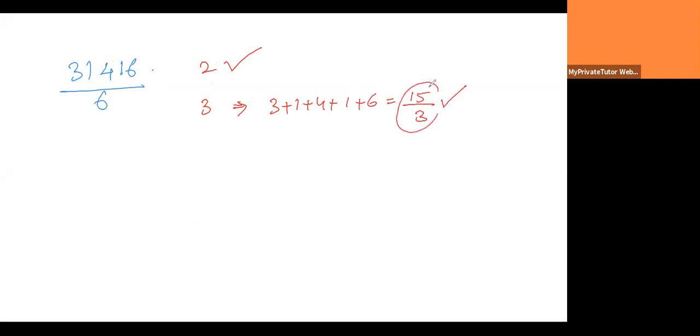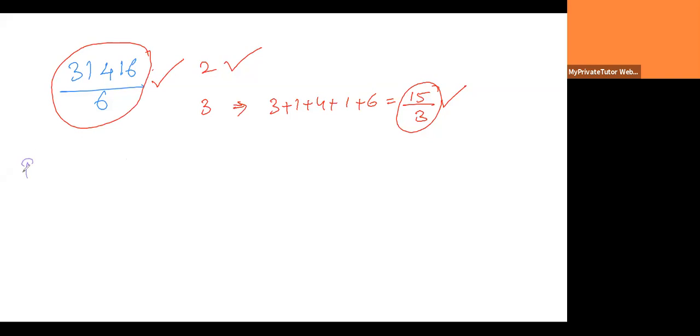So this number is divisible by 2 as well as 3. So this number is divisible by 6. Very simple one. We just need to check the divisibility rule for 2 and 3. If both are satisfied, then the number is divisible by 6.